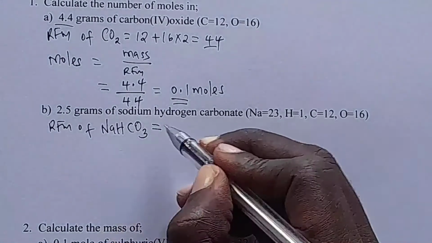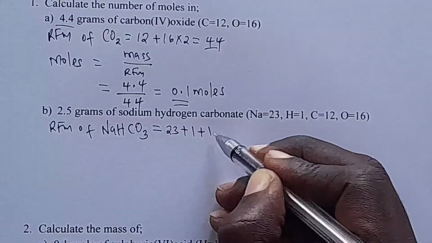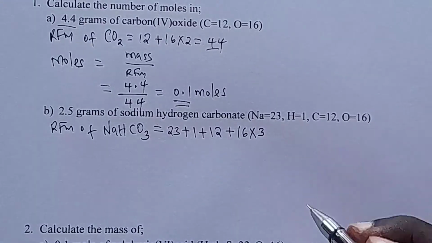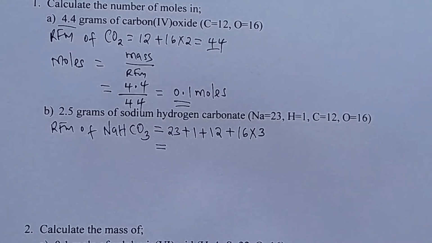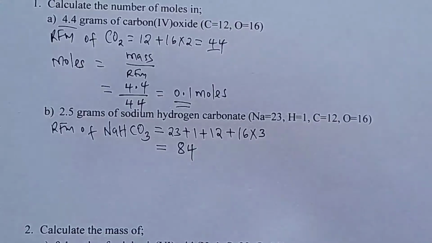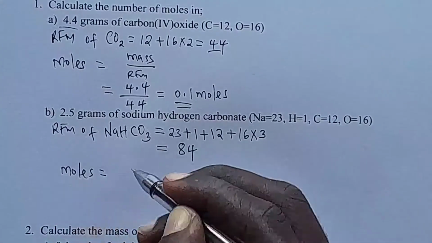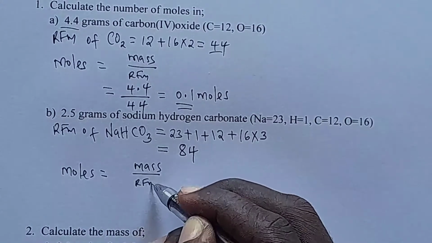Okay, here we have 23 plus 1 for hydrogen, plus 12 for carbon, plus 16 times 3 for that of oxygen. So if you add all this, we are going to get 84 as our RFM. So to look for moles, the formula for calculating moles is mass over RFM.